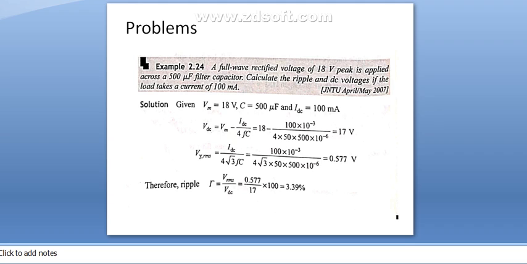So ripple factor, it is the ratio of VRMS to VDC. Substitute VRMS values and VDC values. So it becomes 3.39%. That is capacitor filter. In the capacitor filter, the ripple factor is very low.